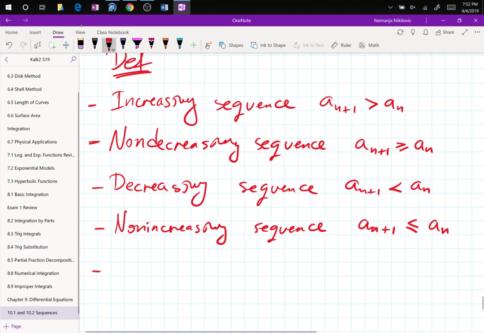Next word, monotonic sequence. If the sequence is either non-decreasing or non-increasing, then it's called monotonic.